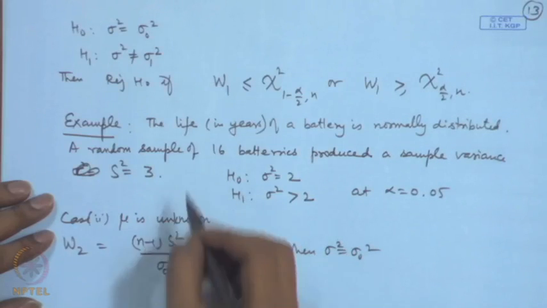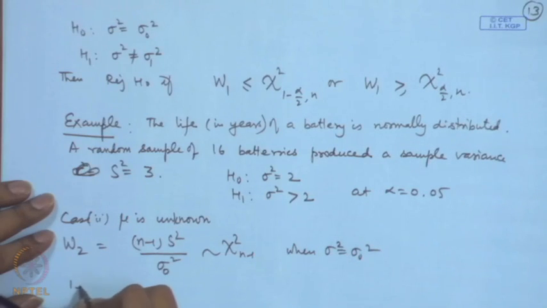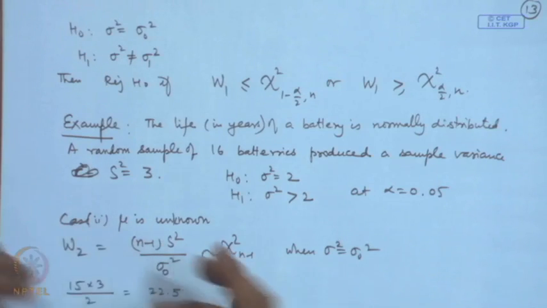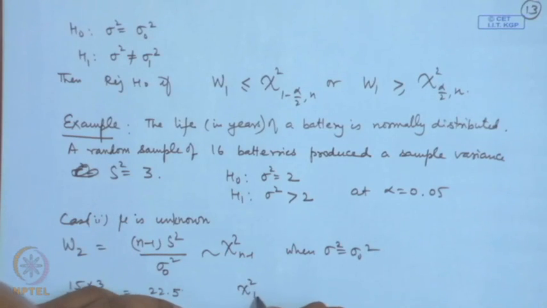So, using this we calculate 15 into 3 by 2, that is equal to 22.5, and the value of chi square on 15 degrees of freedom and 0.05 is equal to 24.9958.